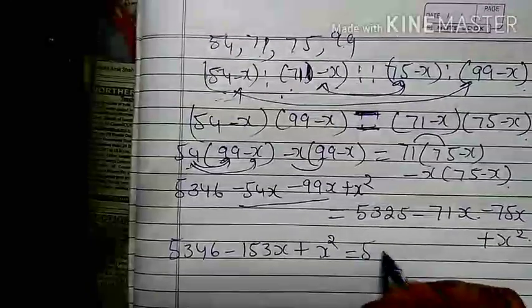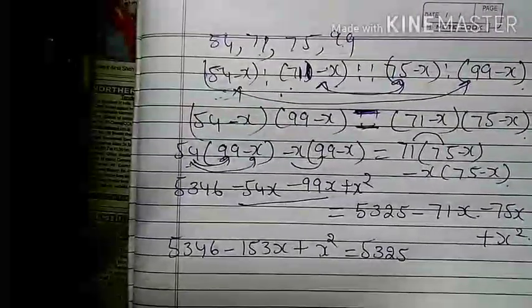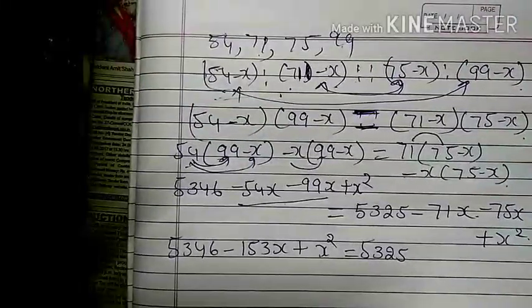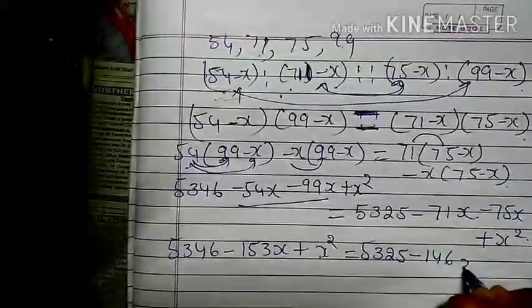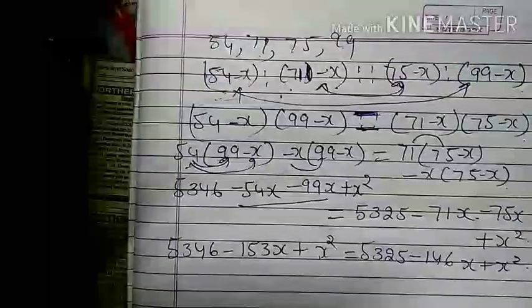On the other side, 5325 minus 71 minus 75 gives minus 146x plus x square.